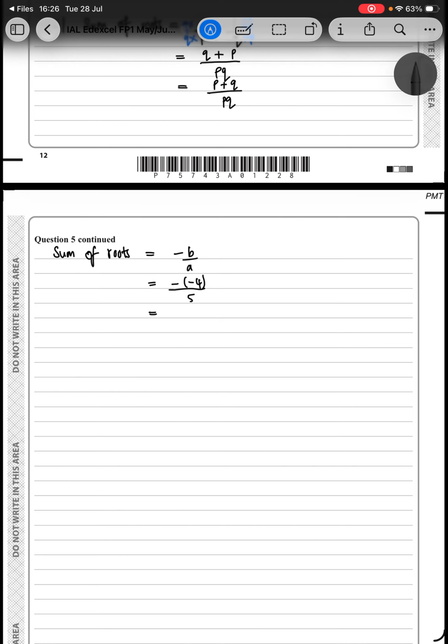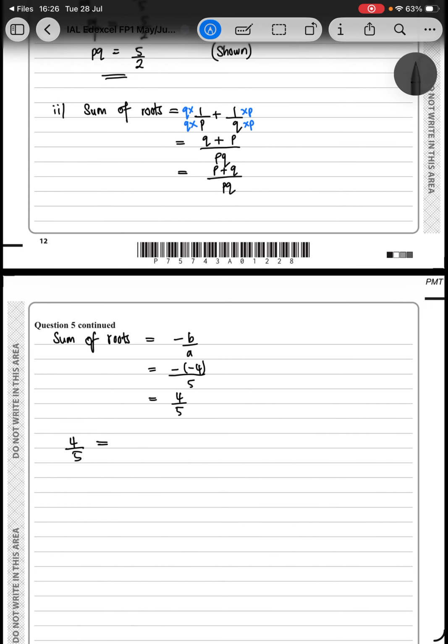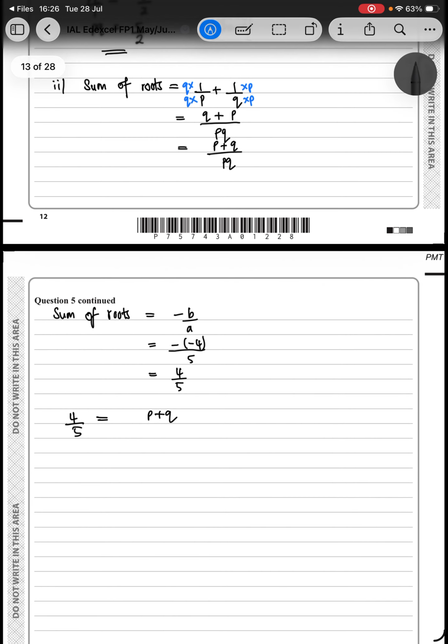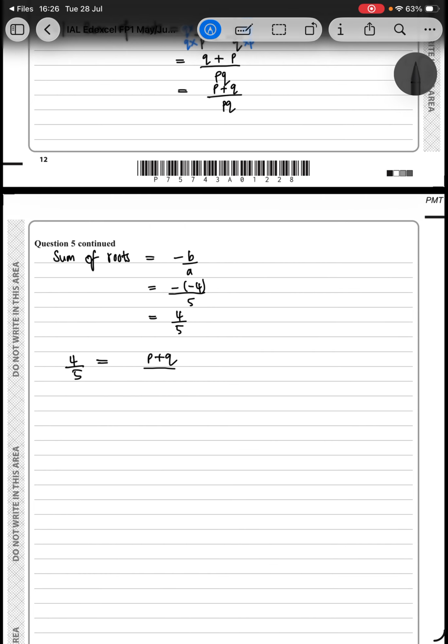So that's a plus 4 over 5. So 4 over 5 is equal to, which we found earlier, P plus Q over PQ. Why? Because both of them are equal to the sum of the roots.